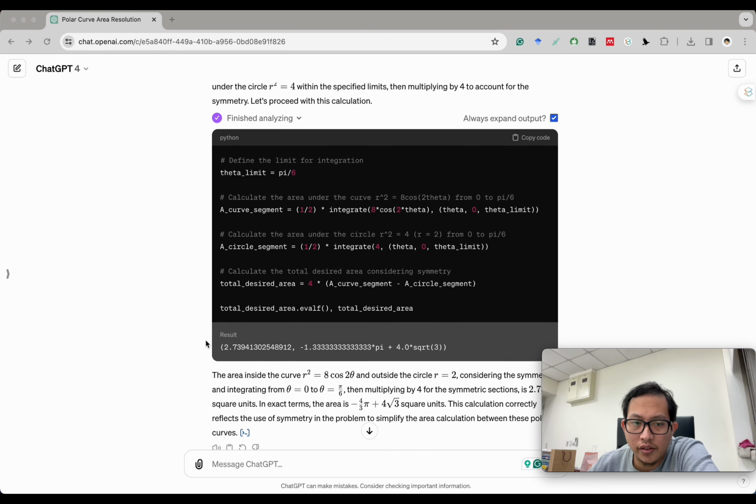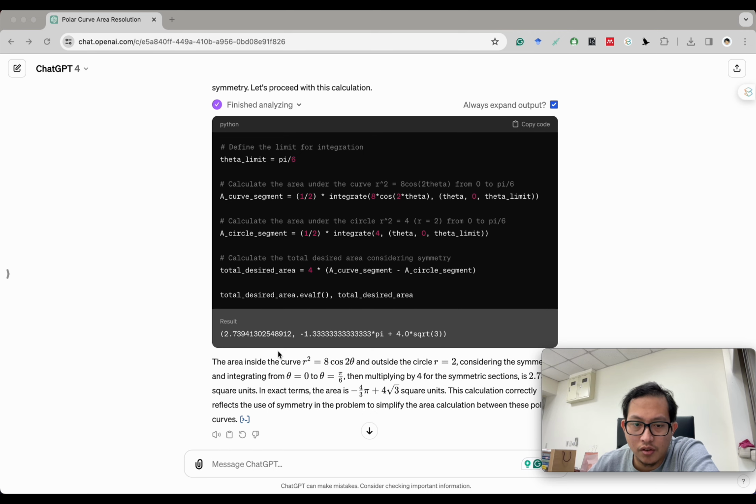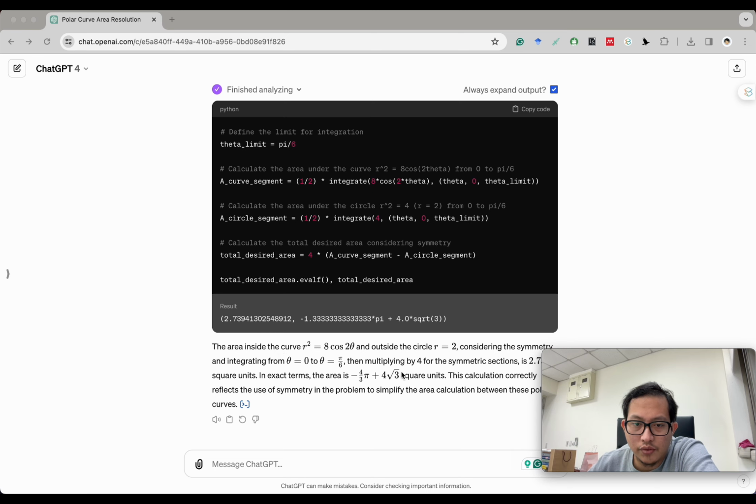And we get the correct result, which is around this positive number here. In radians, we get minus pi over 3 plus 4 square root of 3 square units. If you calculate on paper using manual solutions, or if you use calculators, this is the number you are looking for.